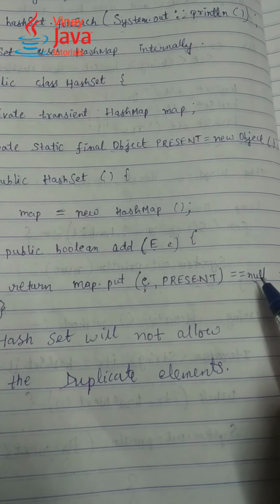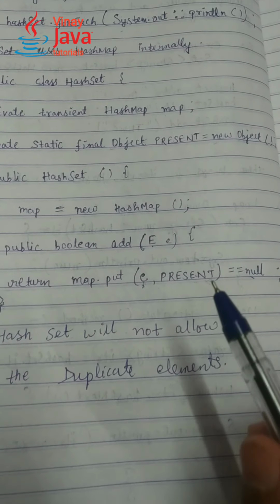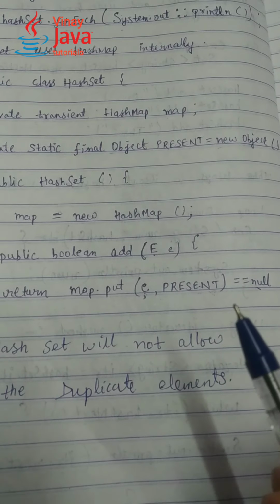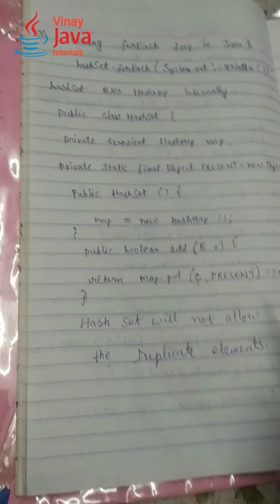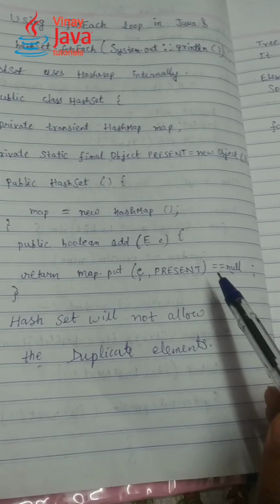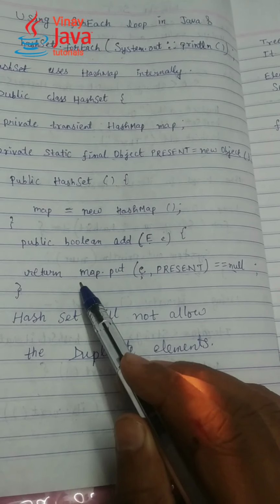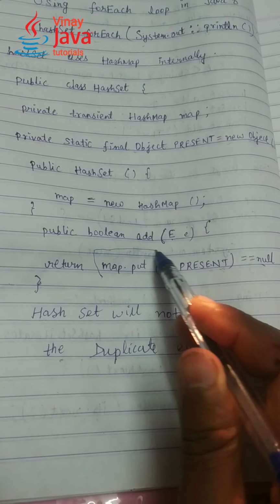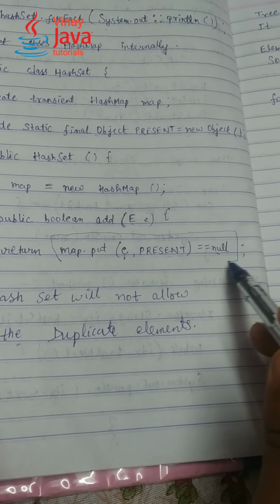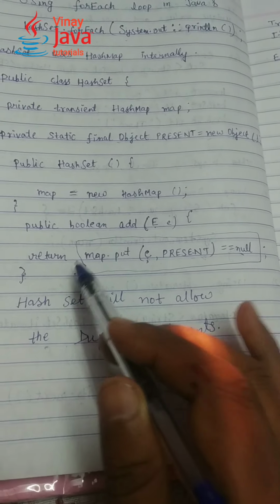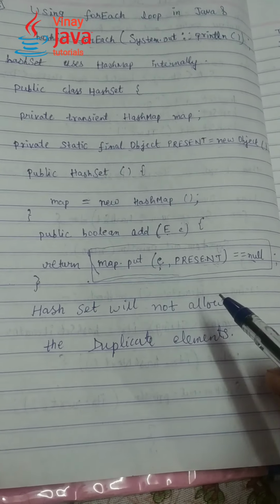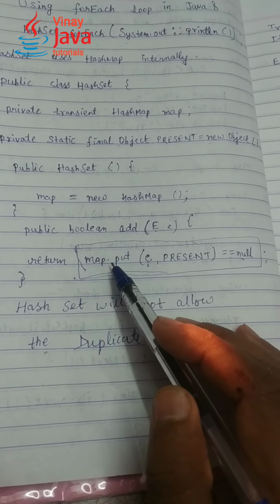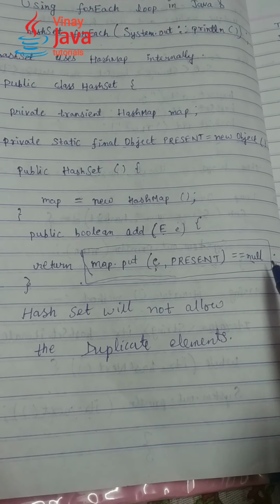So this will return true if the element is added one time. If the same element is added a second time, this whole expression will return false. Why? Because map will not allow the duplicate entry. It will simply return false.